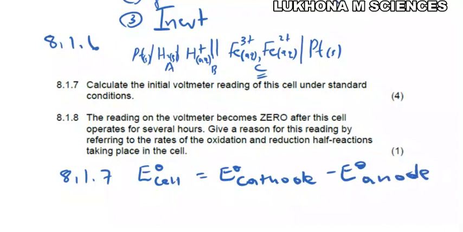So we know that hydrogen is the anode. Then Fe3 plus is the cathode. Then let's go to the standard reduction potential table.